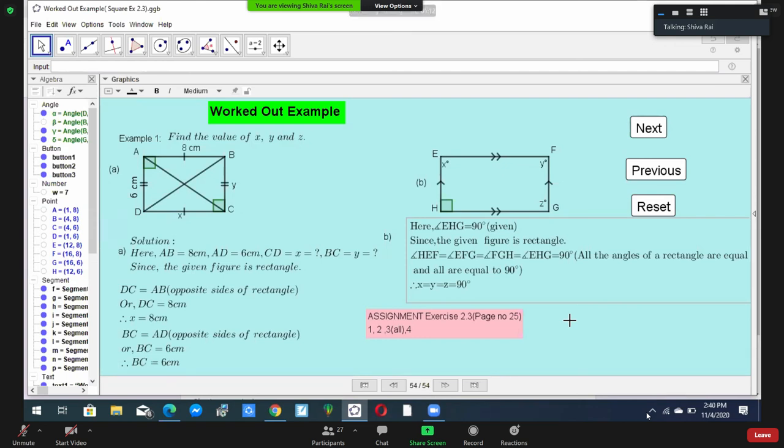Questions 1, 2, 3, all 4 numbers. You look at number 3, you need to do number 3. They are all figures. That type of problem you have to do more and more. You need it. Okay, everyone. So today the time is almost finished. Okay.